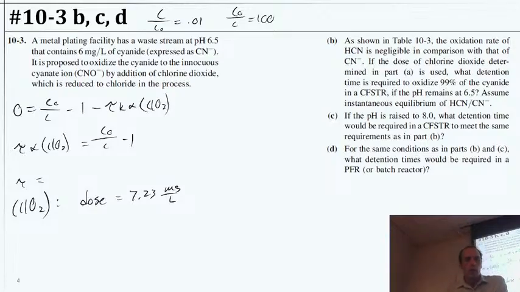All right. Okay, so we have the 7.23 milligrams per liter. That was from part A to give us a residual of 1, but we're actually only going to use 99% of what's consumed. So if we take this minus the 1 residual, that normally is 6.23 milligrams per liter consumed, but we can take that and multiply it by 0.99 for we're not actually converting all of the cyanide.